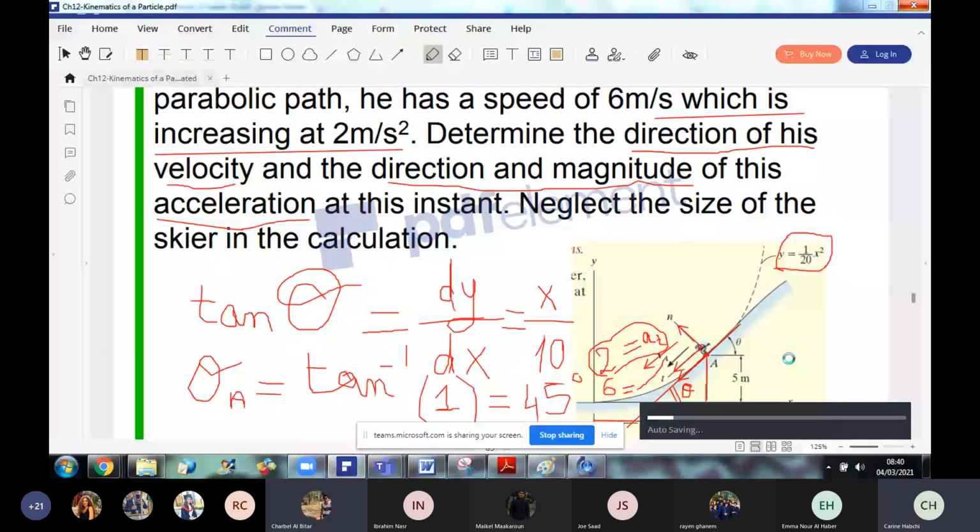We use the formula that we just took. Yes, very good. Just one second, because it is auto saving when I'm taking notes.